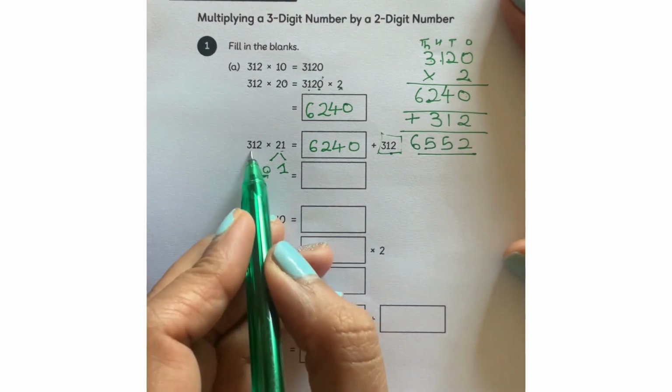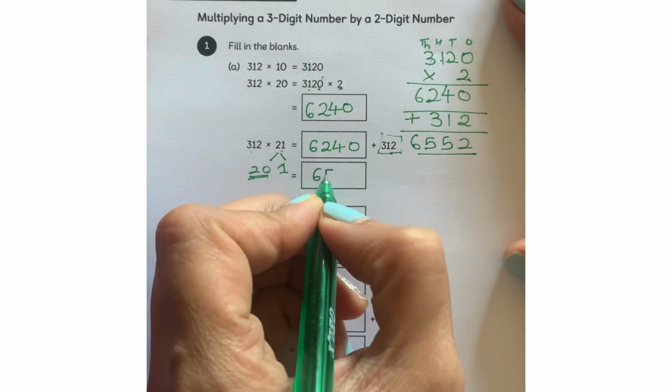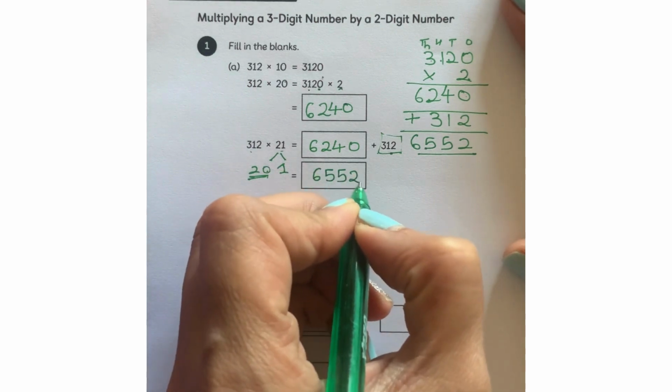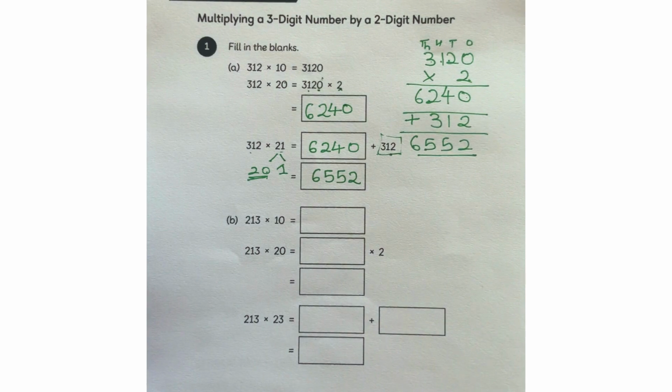So 312 times 21 is 6552. Fantastic. I hope you're getting the hang of it. For the first example, I did it with the help of the long method and mental math. Try to do mental math as it allows you to challenge yourself more.